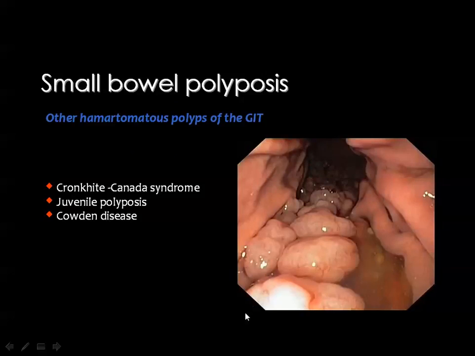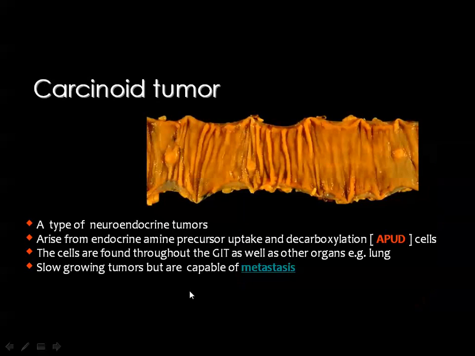And polyps can be seen in the endoscopy, like these masses within the bowel lumen. The other common polyposis syndromes will be discussed in the sector of the colon, including Cronkhite-Canada syndrome, juvenile polyposis, and Gardner disease.